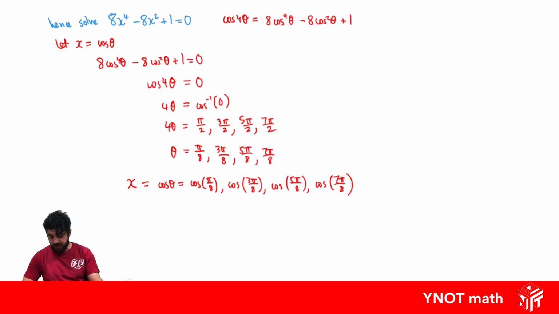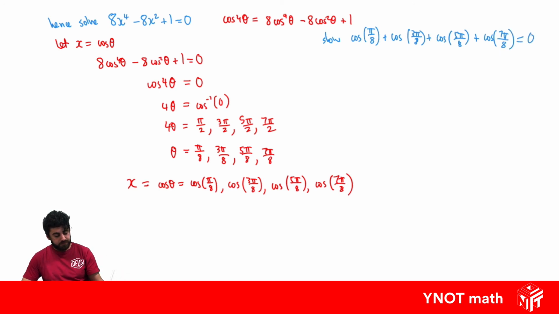All right, next part of the question. We're supposed to show that cos pi over 8 plus cos 3 pi over 8 plus cos 5 pi over 8 plus cos 7 pi over 8 all equals 0.